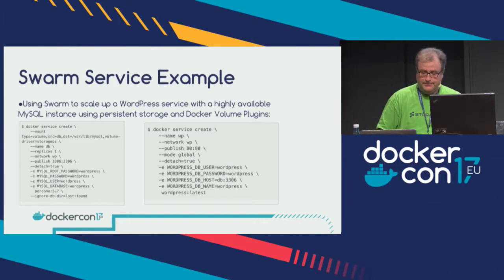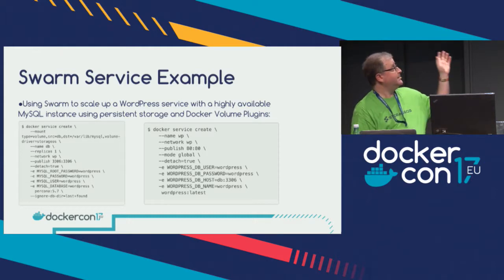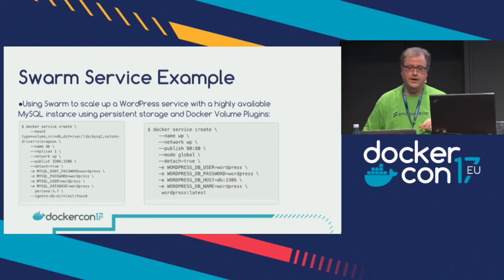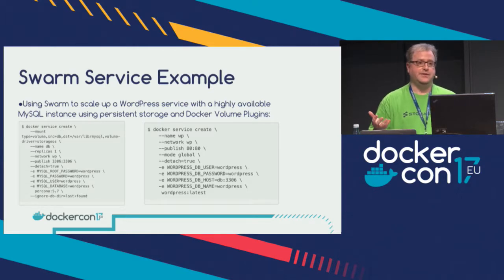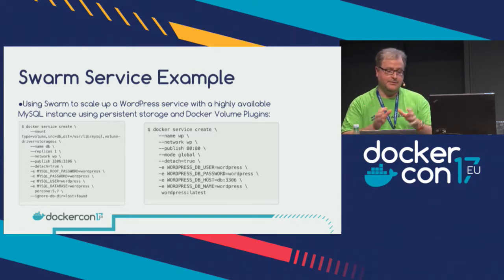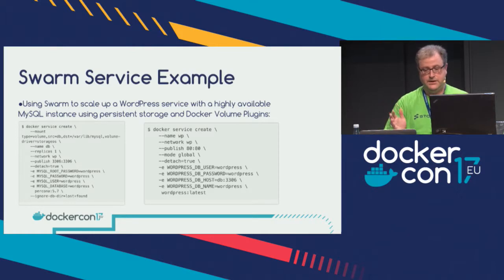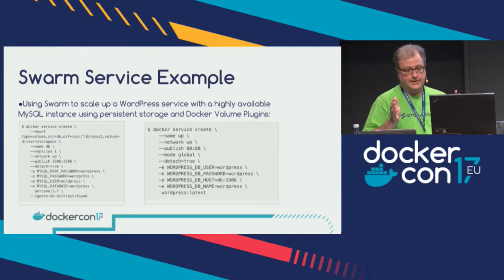As a little example, this example on the screen here shows you how you can use a Docker volume plugin to create a highly available WordPress. This is really quite a simple example, but you have two services. The first service is a database, which uses an external volume driver.